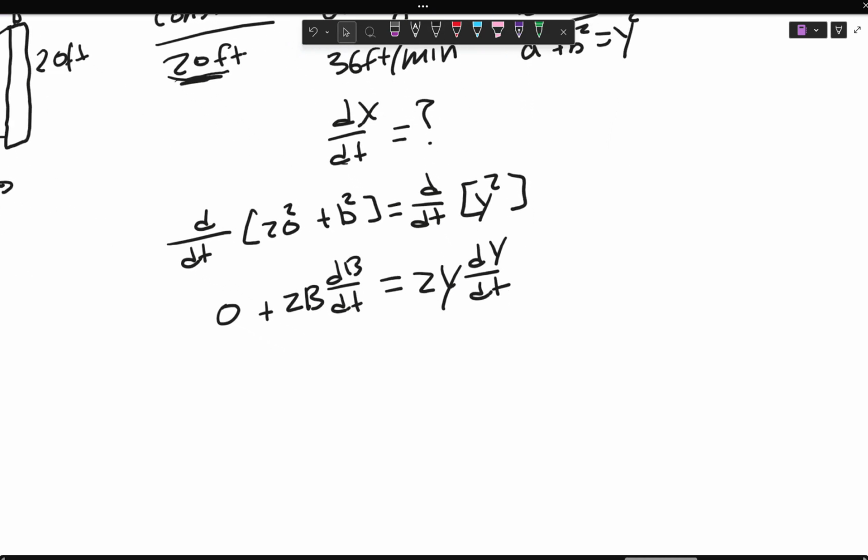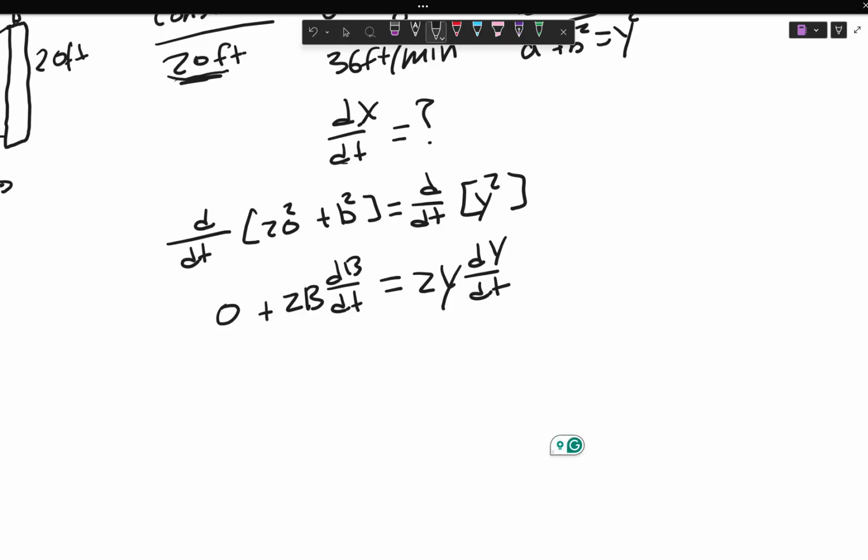Trying to solve for db, we have to do algebra. So from here, I could take out the 2, since it's being multiplied it crosses out, so it would be b db/dt is equal to y dy/dt.